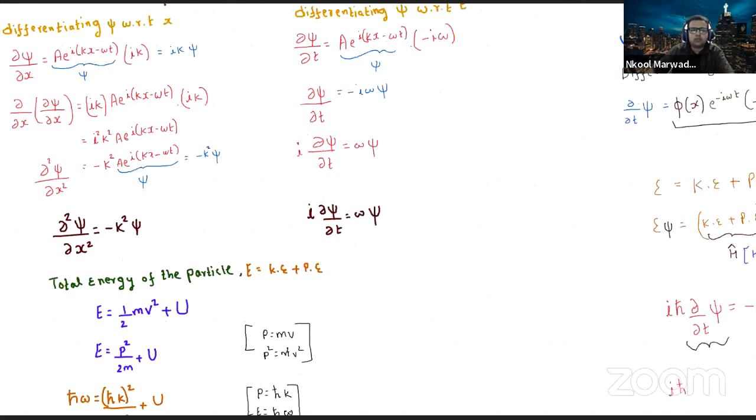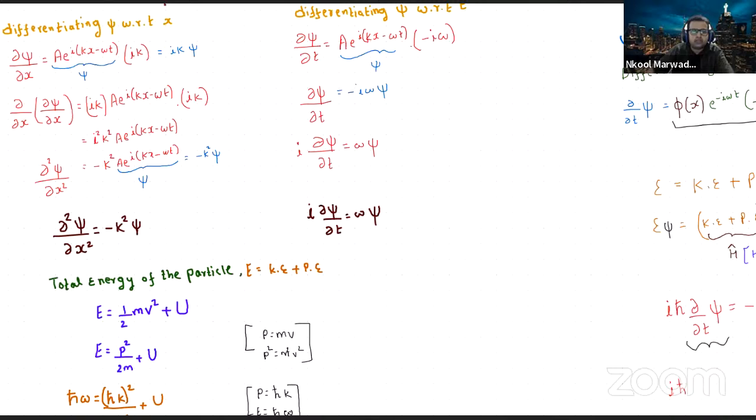Can you see this term? So instead of omega phi, I can write i partial derivative of psi with respect to t. That is what we did here, as you can see.